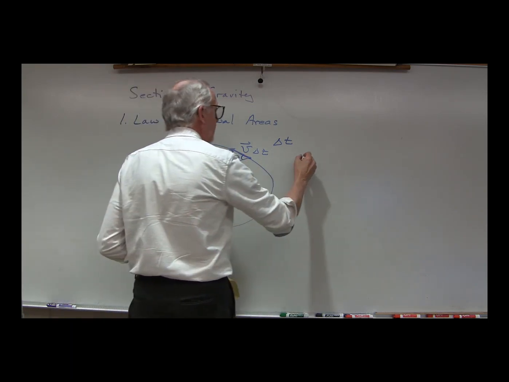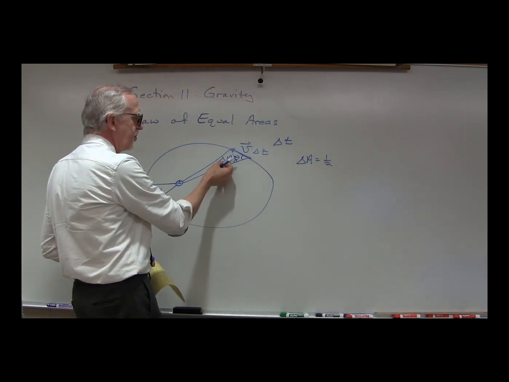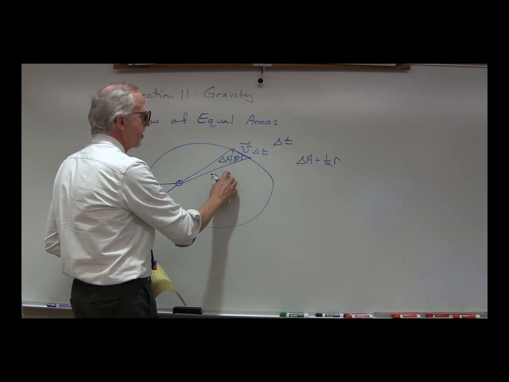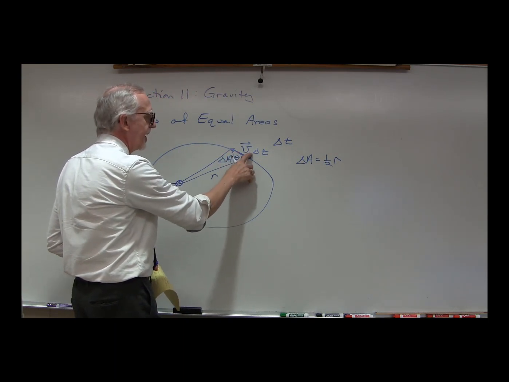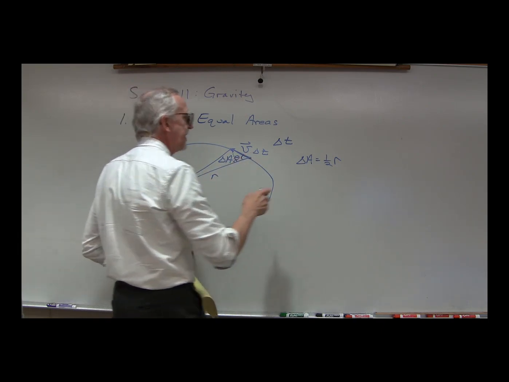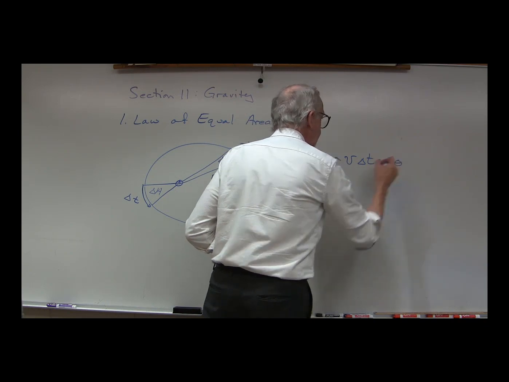So the area of the triangle will be 1/2 times the length of the base, which is r, times the height of the triangle. Now if this has a length v delta t, and that's an angle theta, the height will be v delta t sine theta.